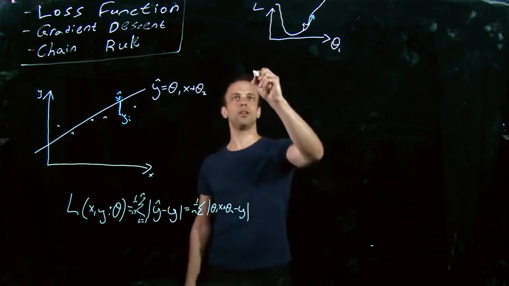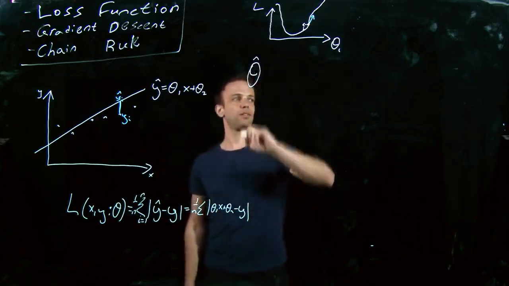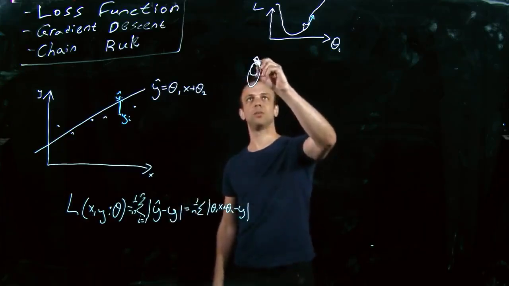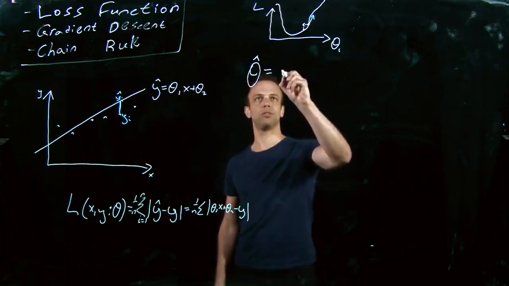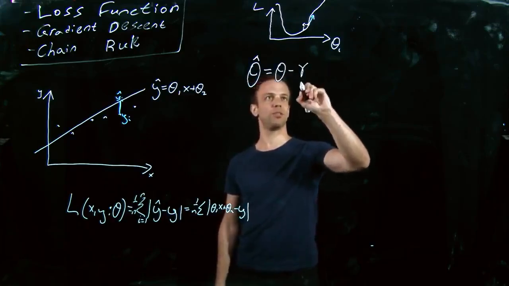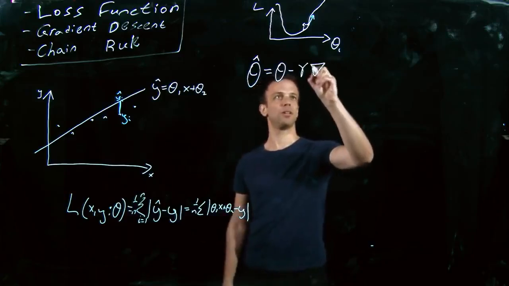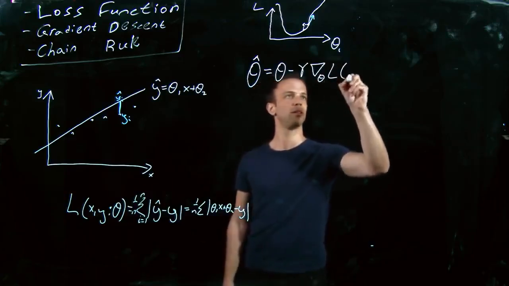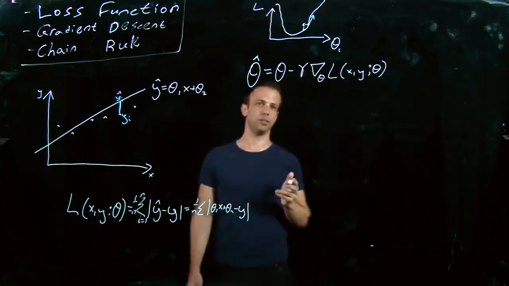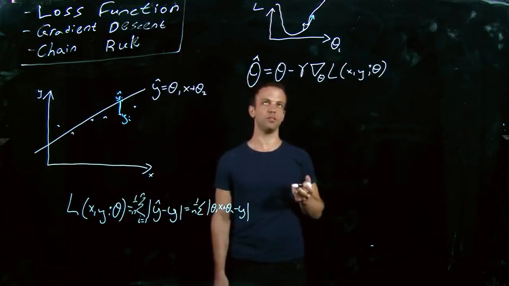Okay, so if we write down the update step of gradient descent, we want to find a new value for theta, which is the old value minus some gamma times the gradient of the loss function. Okay, and this gamma is what is called the learning rate.